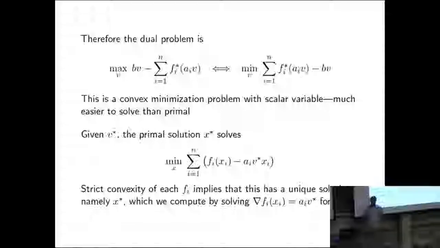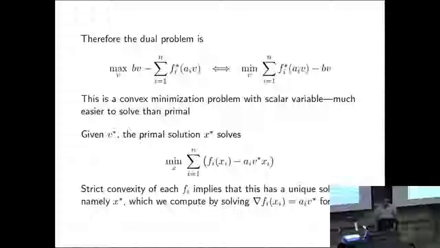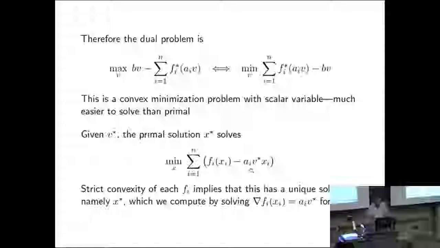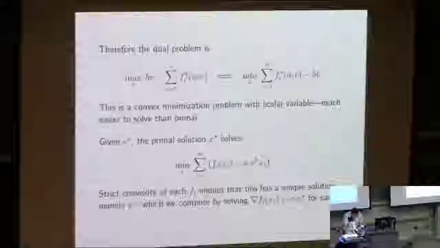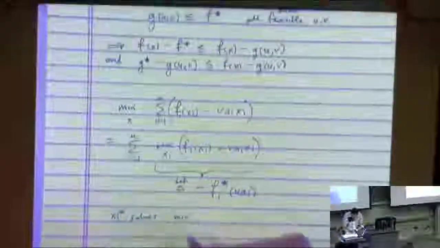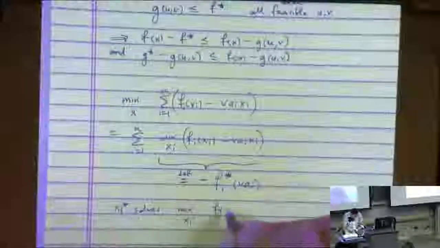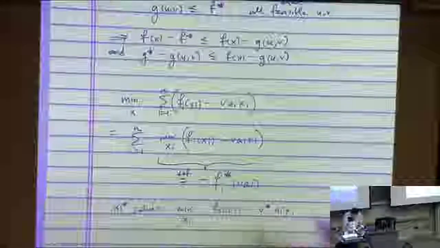I can move the min inside. And now this is a very simple equation that we can use to determine xi. I know that, for example, xi star solves min over xi of fi of xi minus v star ai xi.